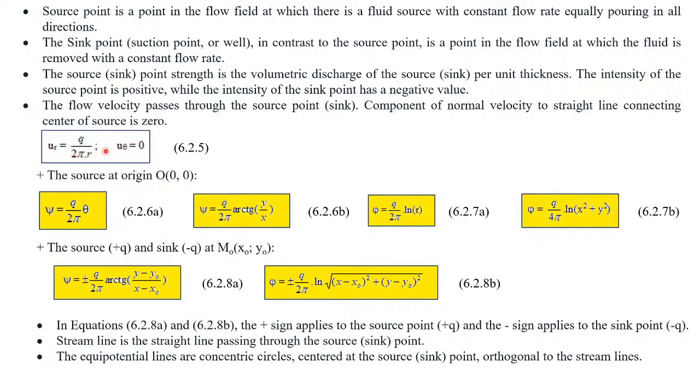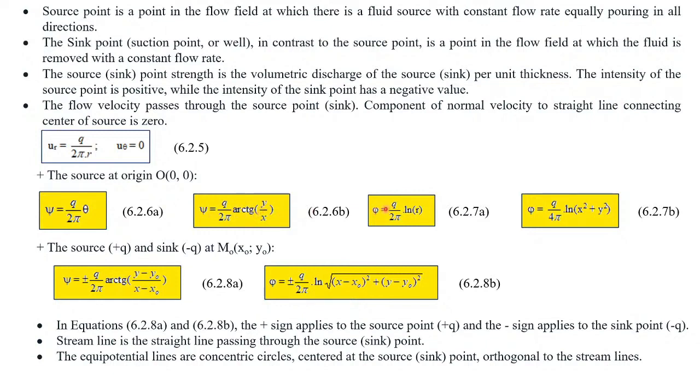So you can put it in the formula to find psi by integral. You can get psi for the polar coordinate system, or you change into the Cartesian coordinate system, where theta becomes arctan y over x.